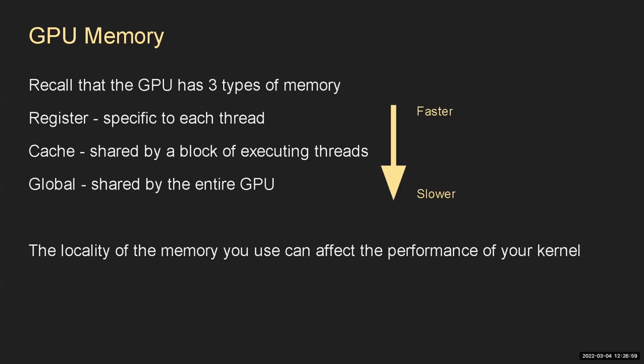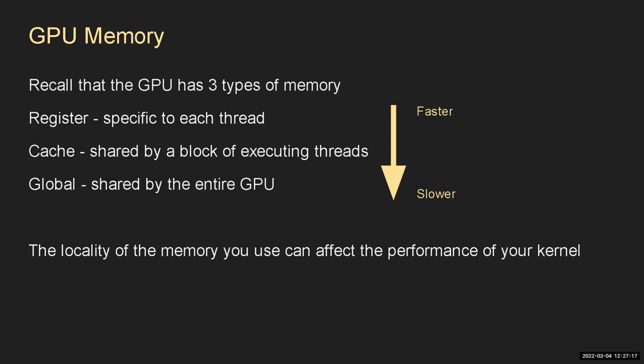So the main point here is just keep the scope as small as you can when you're writing kernels, because that can affect the performance of each kernel that you write. And that's basically it as far as that.